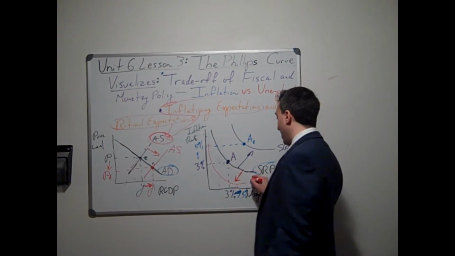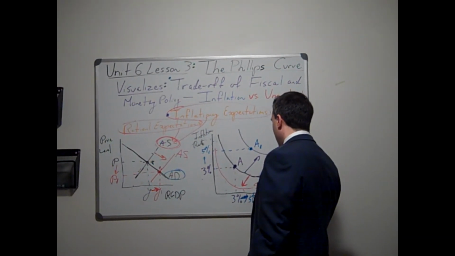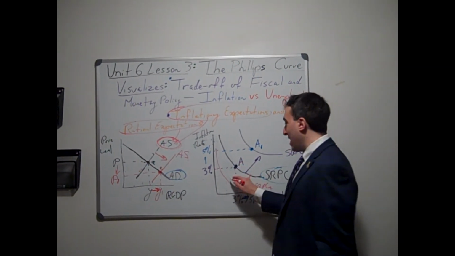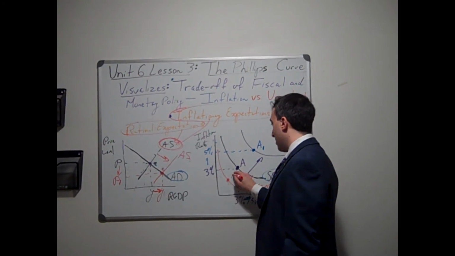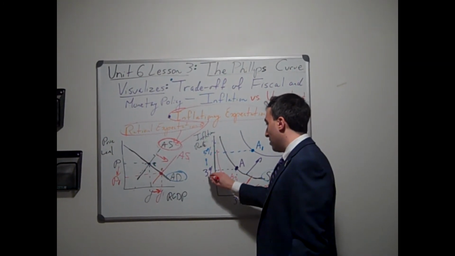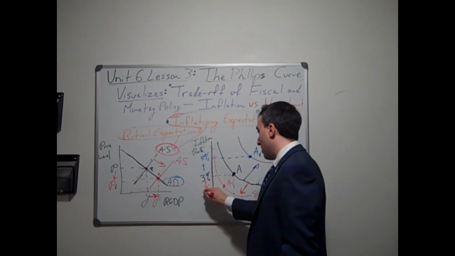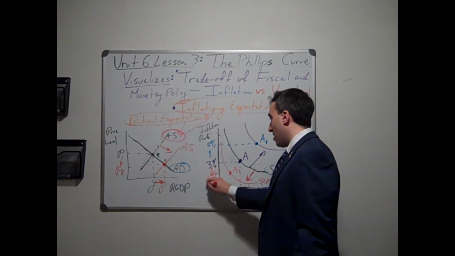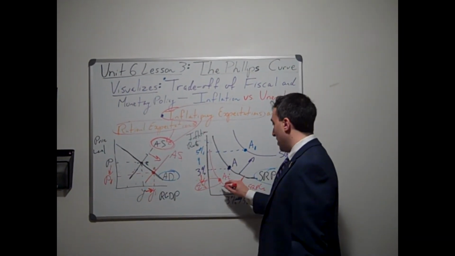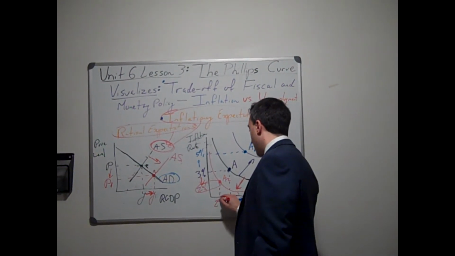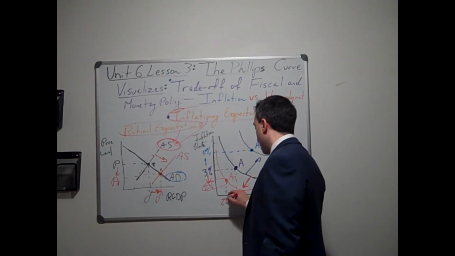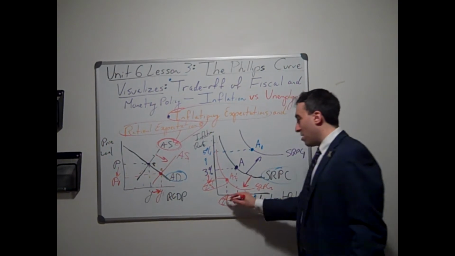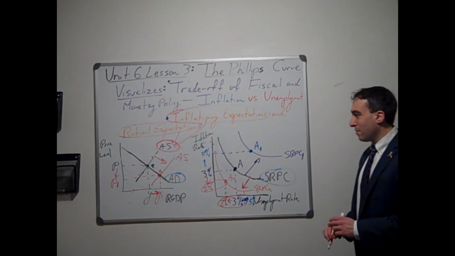Showing that our original point, as well as SRPC2, showing that our original point A, we'll call this A2, we now have lower inflation and lower unemployment.